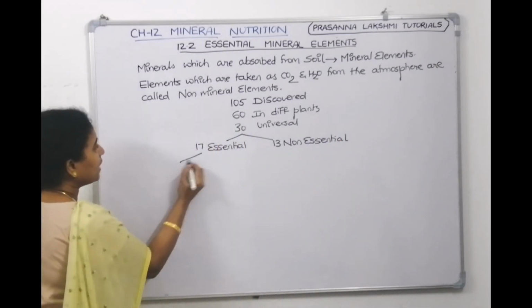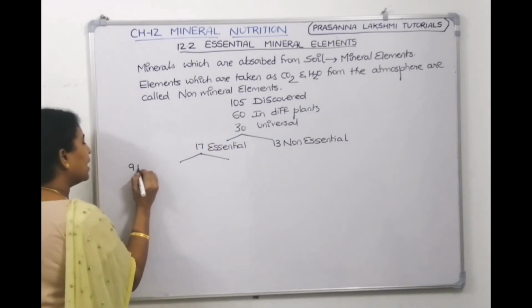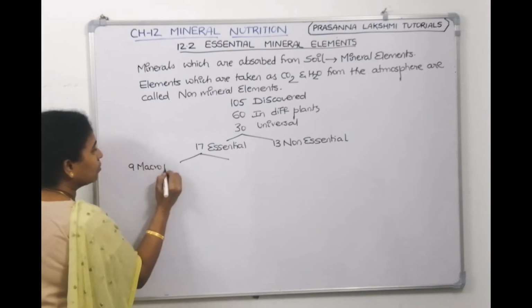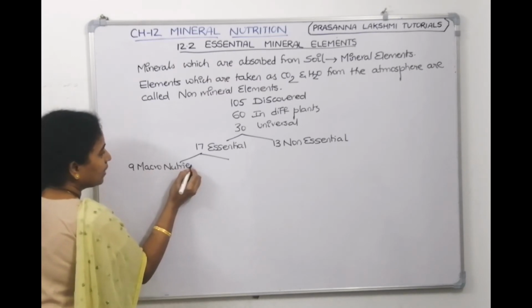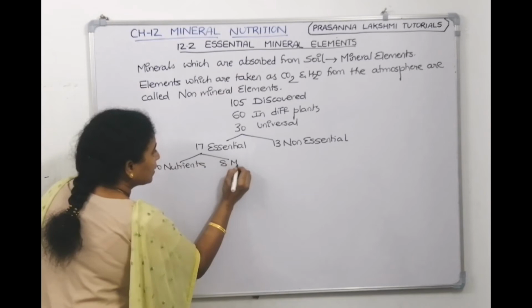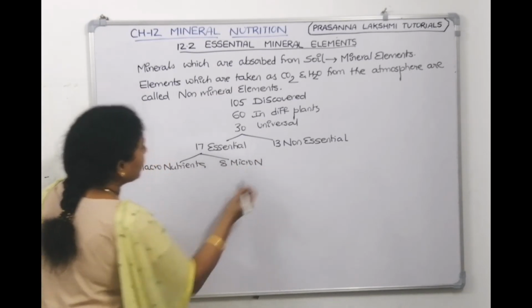In that 17 essential, 9 are macronutrients and 8 are micronutrients, right?